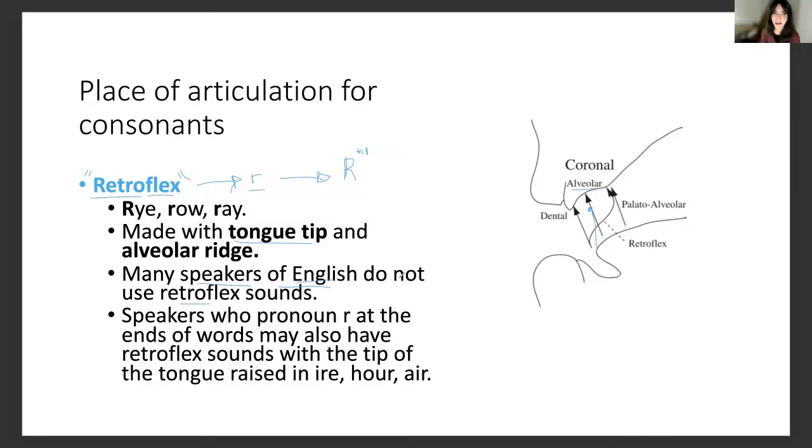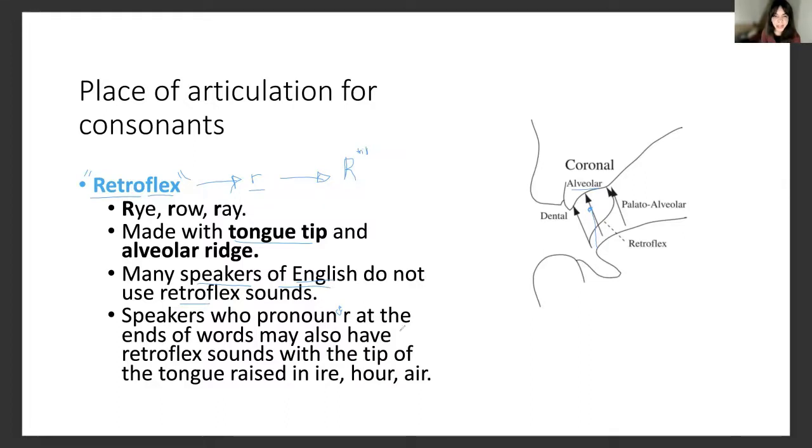Certain dialects of the Northeast of the United States, like Boston English, and as well, perhaps, I believe, dialects of New York City English. So speakers who pronounce R at the ends of words may also have retroflex sounds with the tip of the tongue raised in "ire", "our", and "air".